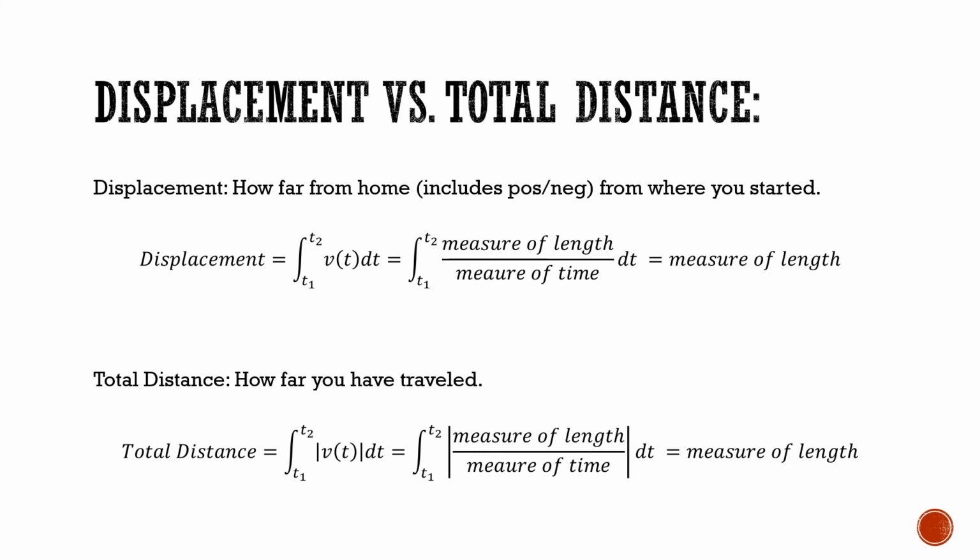So to find displacement, you're simply going to do the integral from your starting to your ending point of the velocity of the function. But to find your total distance, you're going to do the integral of the absolute value of your velocity function from point A to point B. So again, if you know the velocity function, all you have to do is integrate it, and you can find either displacement or total distance, and you're good to go.